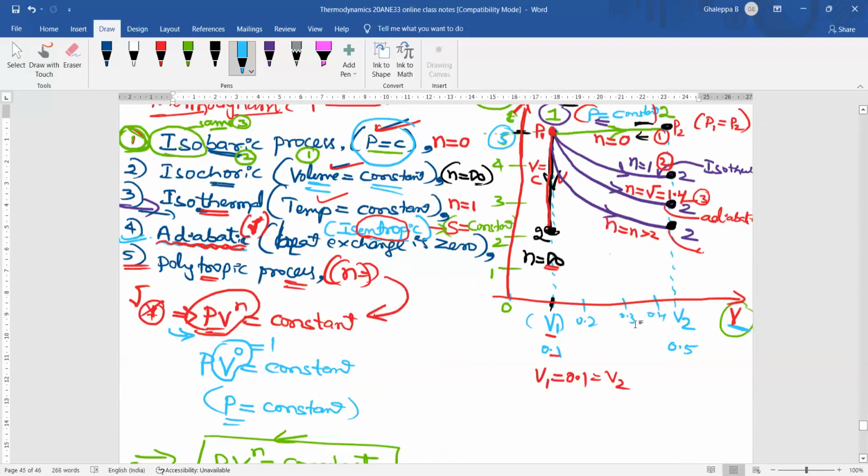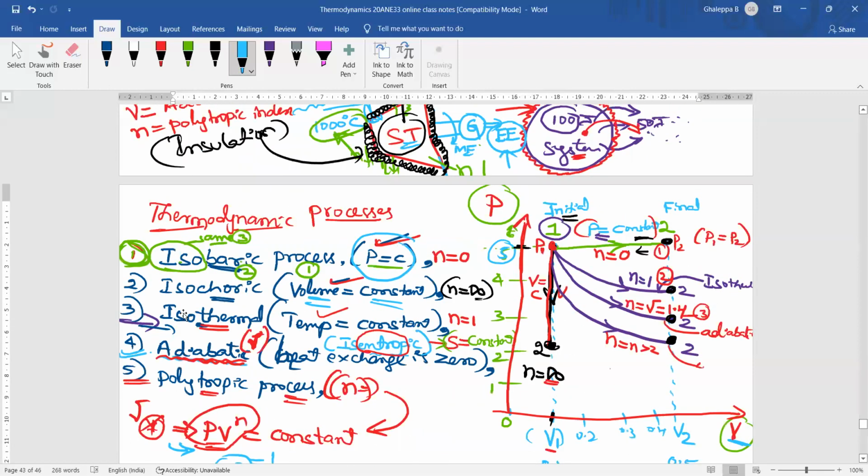How the question will be asked in the exam? List all thermodynamic processes and draw the PV diagram for all thermodynamic processes in a single PV diagram. What is the condition? Condition is, consider initial point is same for all processes. Look at the PV diagram here.